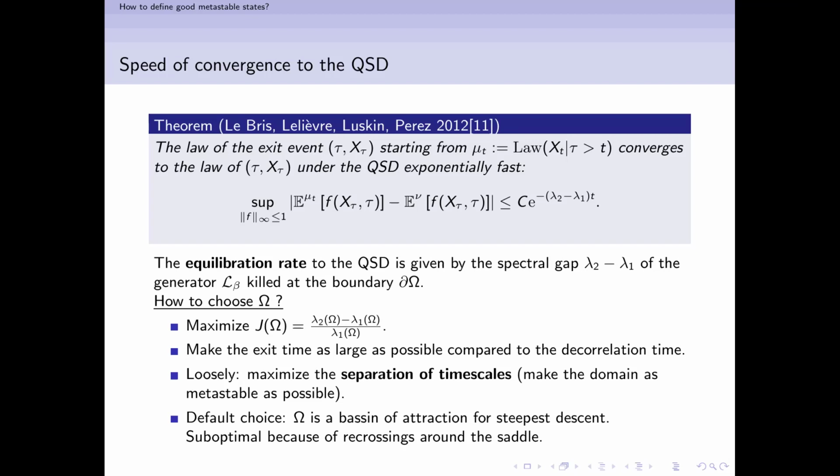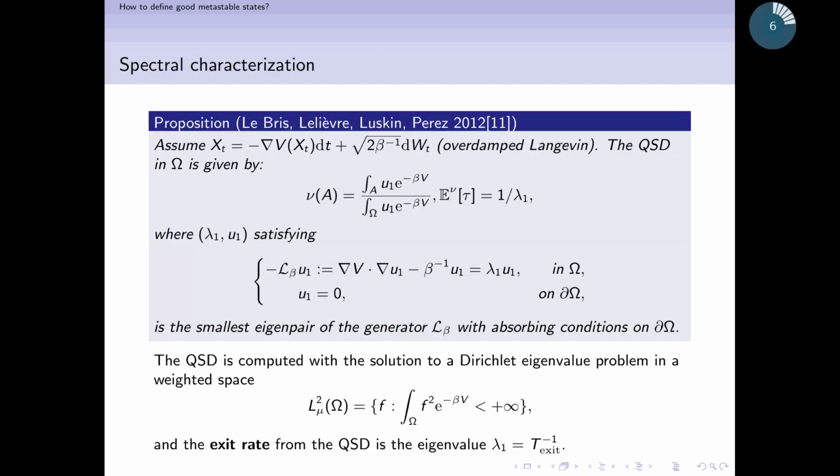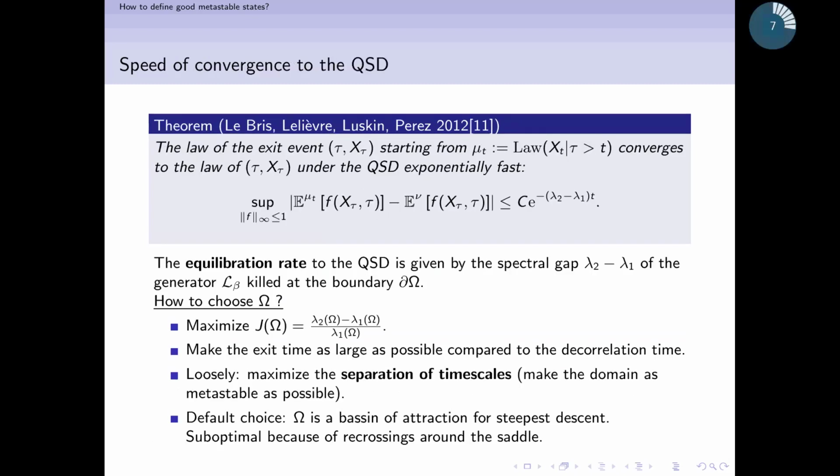and the rate is given by the spectral gap, lambda 2 minus lambda 1, of this very same operator in omega, with zero boundary condition in omega. The second eigenvalue. And this rate is the thing that tells you how fast you converge to the QSD.